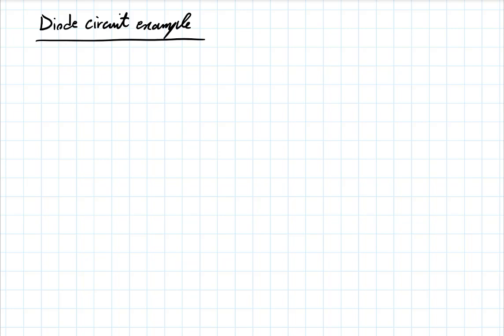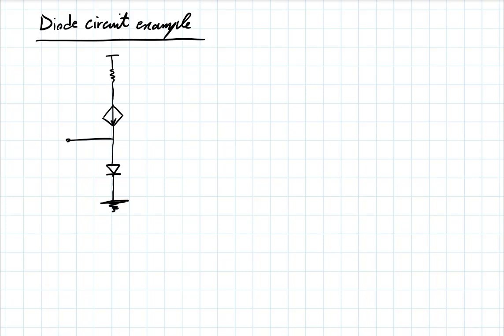Consider this circuit. Imagine we ground this for now.